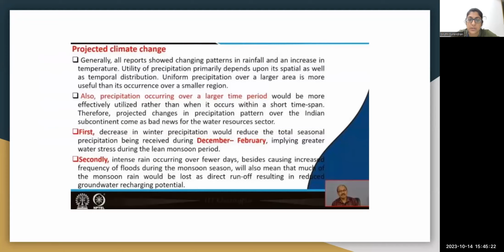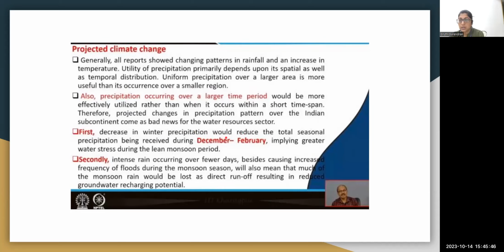As per projected climate change, winter precipitation obtained during December-February is going to reduce drastically, as a result of which it is going to bring about situations of water stress.